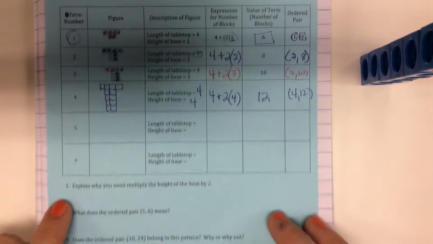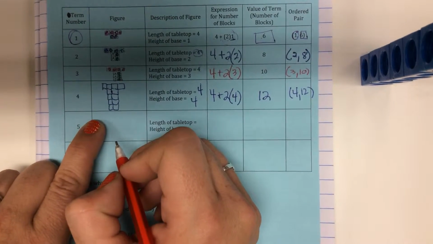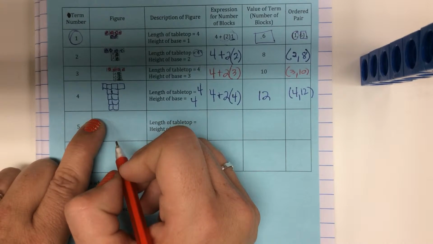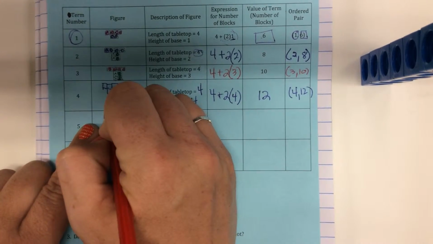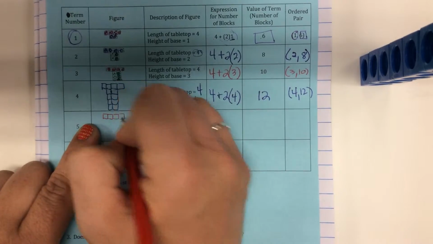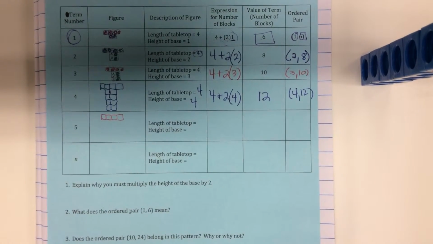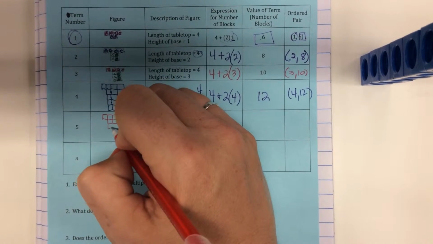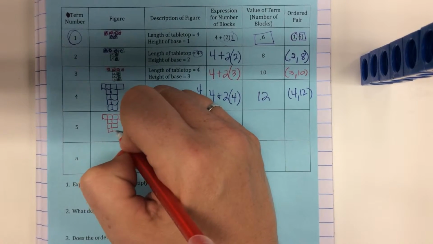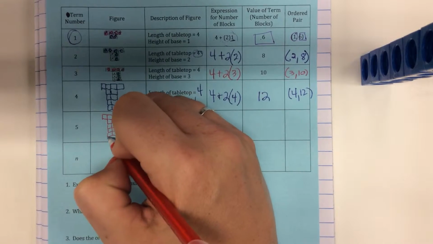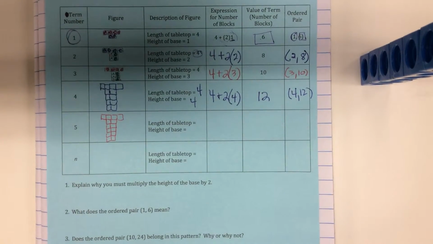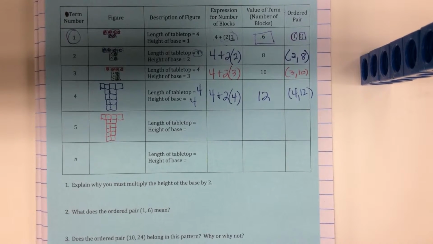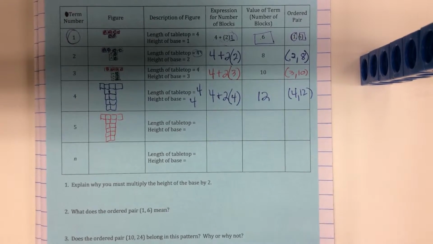Draw a picture for 5. Did the top change for 5? Nope, the top doesn't change. But what happens this time? Tell me about the base. What's different? Instead of 4, it's now 5.